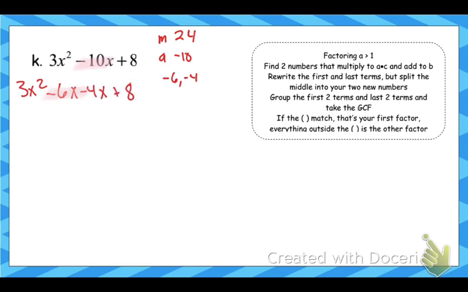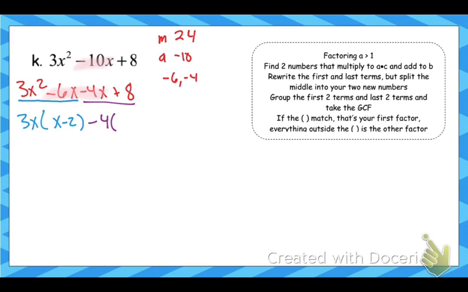So -10x has been replaced with -6x minus 4x. Then from here, I'm going to use a process called grouping. So I'm going to look at just the first two terms. Out of those first two terms, 3x is my GCF. If 3x gets divided out, I'm left with x minus 2. Then I look at the next two terms. Whatever sign is there, I'm going to keep. And then I take my GCF, which is 4.